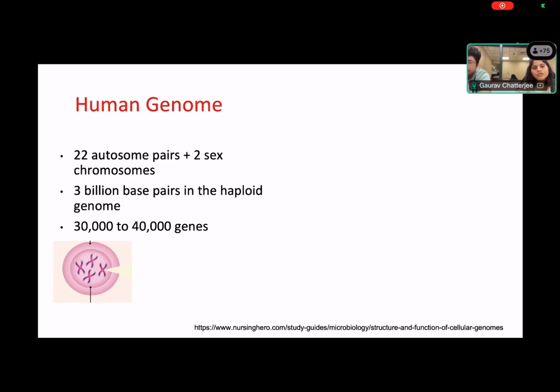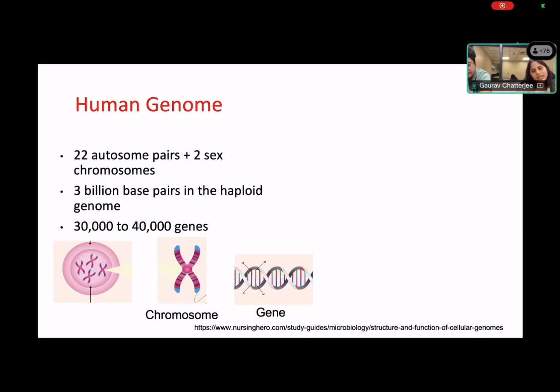If we look at a cell that has a nucleus, it has these chromosomes, which have multiple genes as well as intergenic regions.